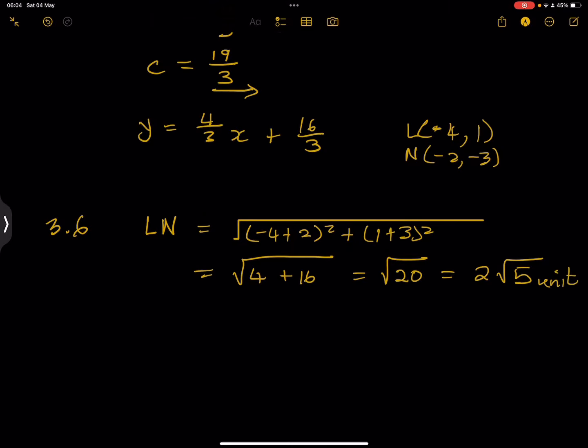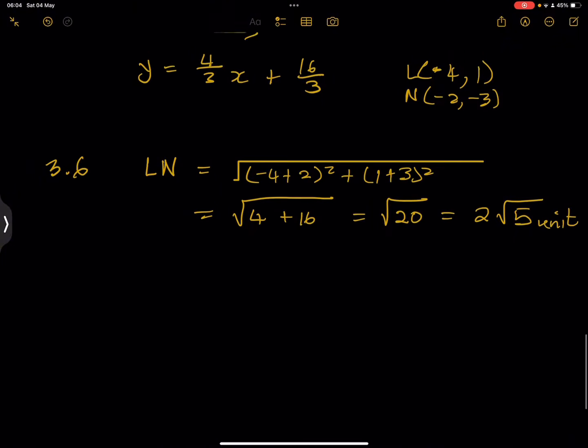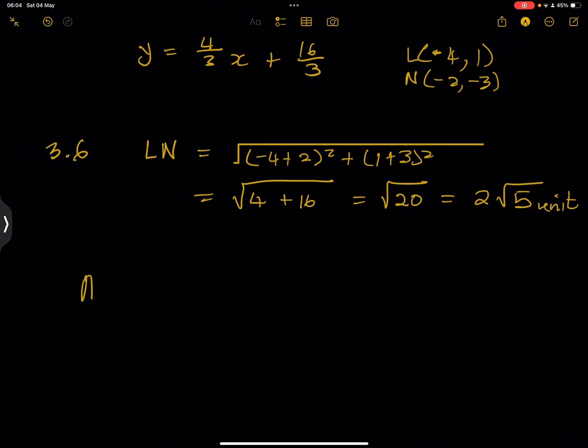Okay, so then we also know the angle LNS. To get the area of any triangle, remember, you must take two sides and an included angle. So two sides and included angle. So what would that give us? The area of triangle LNS would be half. So what are my two sides?